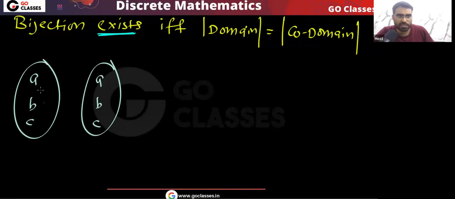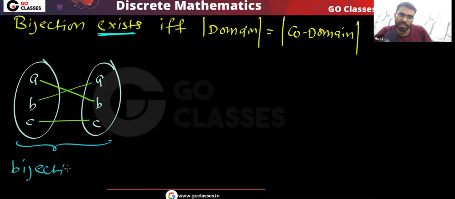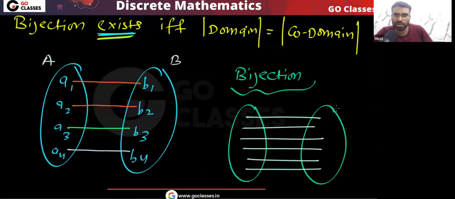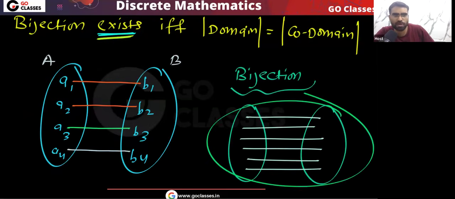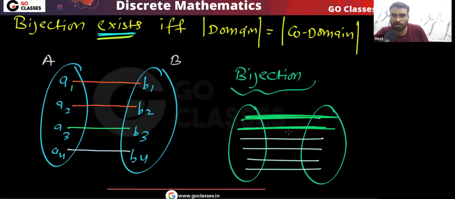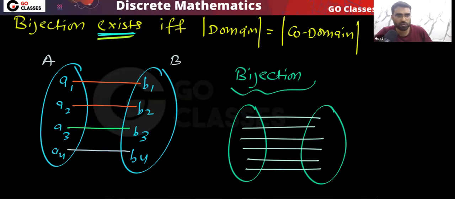First, you tell me, is this a bijection? Yes, this is a bijection. But I'm telling you that every bijection you can draw in this beautiful format. So can you draw this same bijection in a beautiful format? Beautiful format means this one-to-one correspondence.